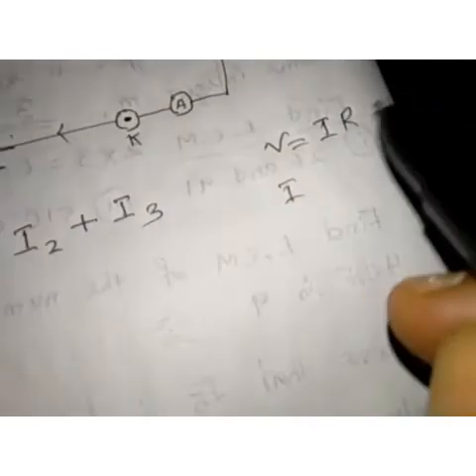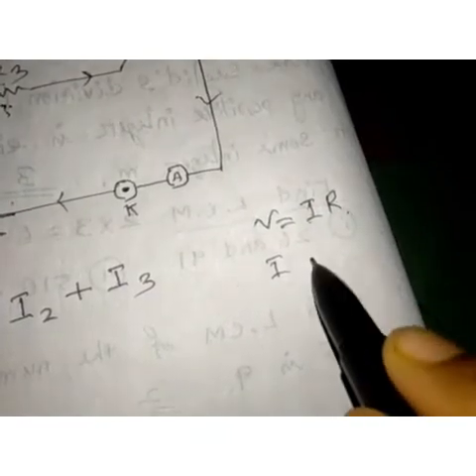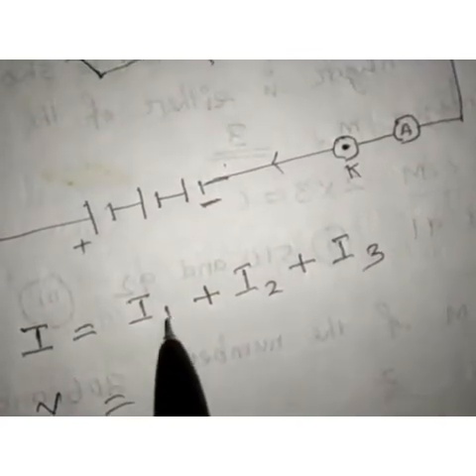According to Ohm's law, V equal to IR, then I equal to V by R. Here we can put I equal to V by R1 plus V by R2 plus V by R3.